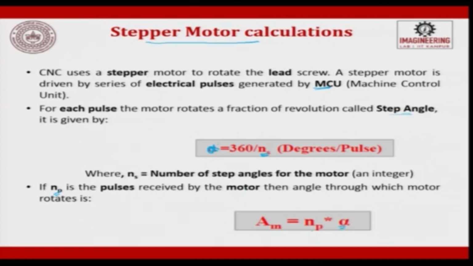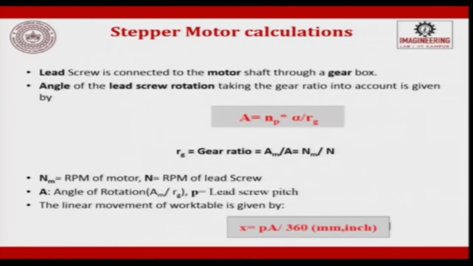NP is the number of pulses received, alpha is for one pulse. So, you multiply this and you figure out the AM. The lead screw is connected to the motor shaft. So, this is the motor, then this is the lead screw.